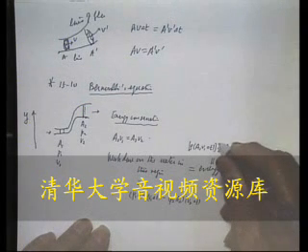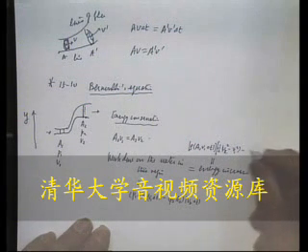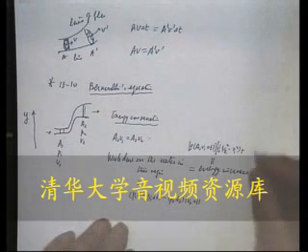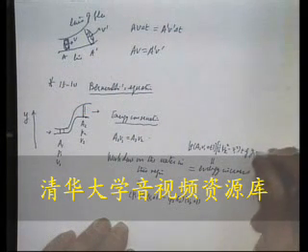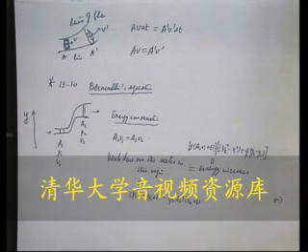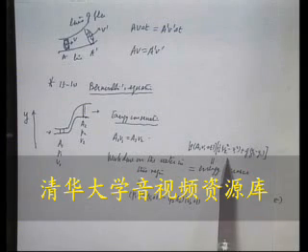The potential energy increase is the same mass times g times y2 minus y1, that is mgh. In the bracket, here's the kinetic energy increase, here's the potential energy increase.